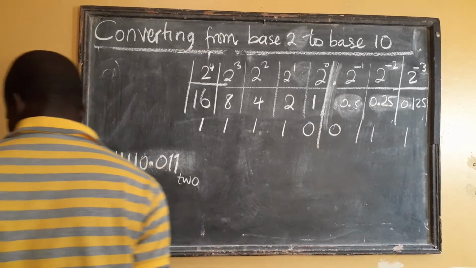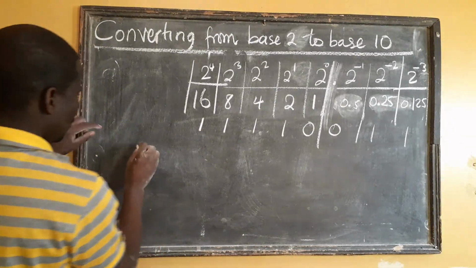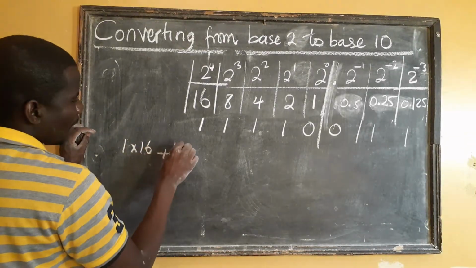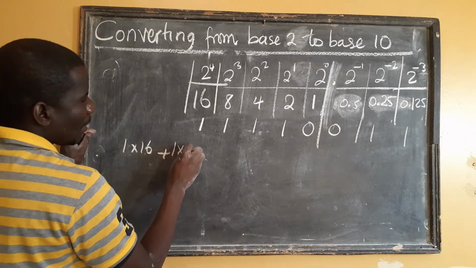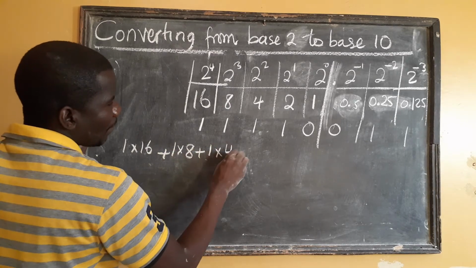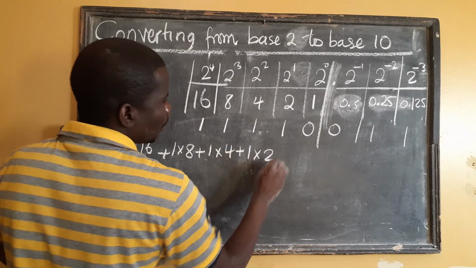Then we just have to multiply now from this point. So the first one is going to be what? 1 multiplied by 16 plus 1 multiplied by 8 plus 1 multiplied by 4 plus 1 multiplied by 2.